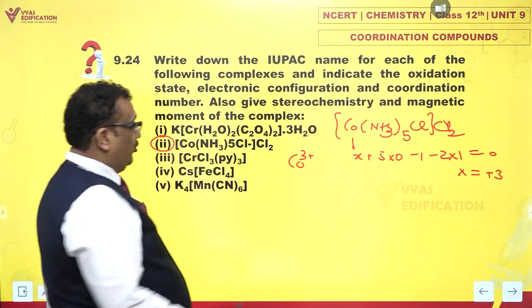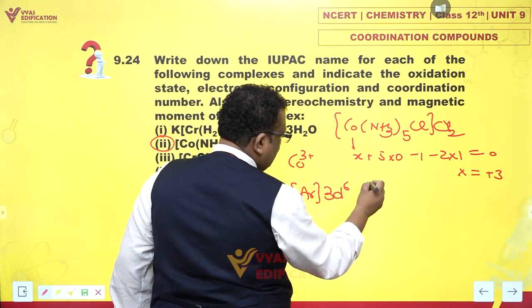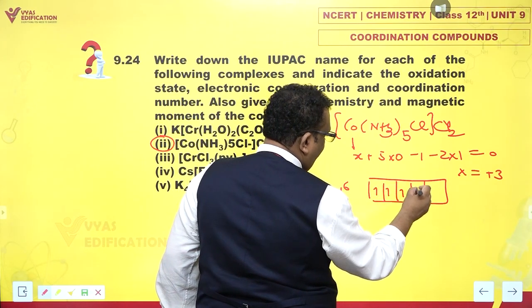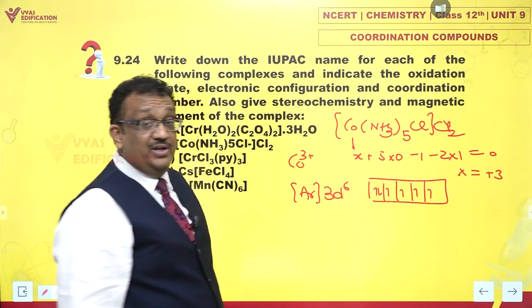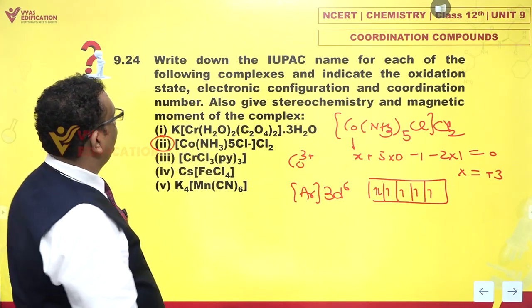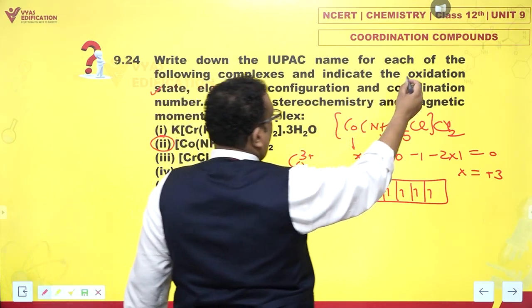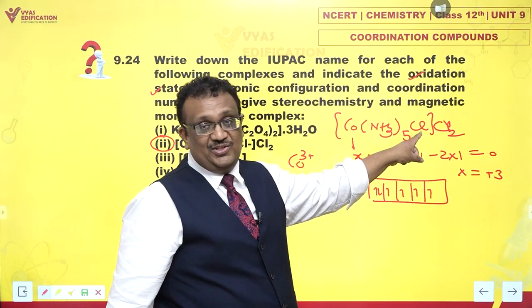What about electronic configuration? That would be argon 3d6. If you draw a box diagram, 1, 2, 3, 4, 5, 6. This is the ground state electronic configuration of cobalt. What about the coordination number? 5 plus 1, 6.